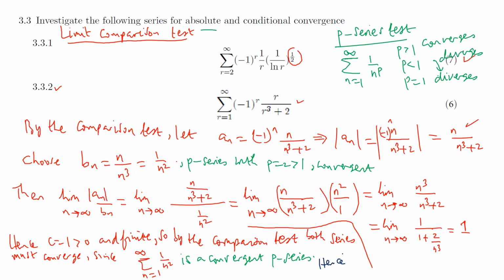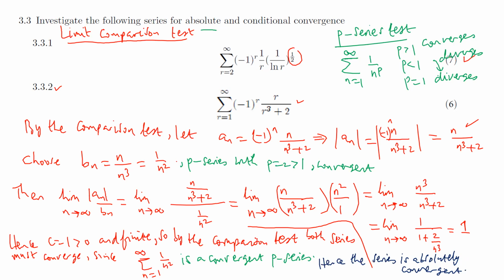Hence, the series is absolutely convergent. Because we have taken the absolute value, so it's absolutely convergent. All right. We used the limit comparison test.